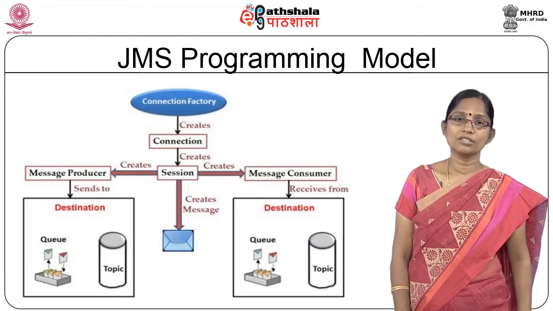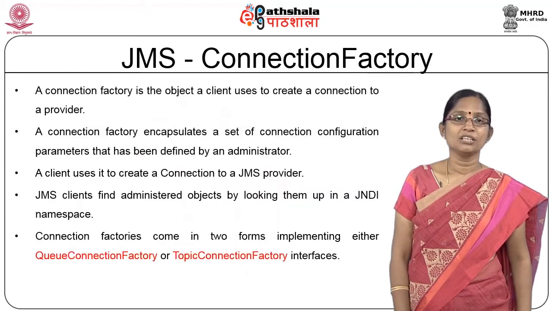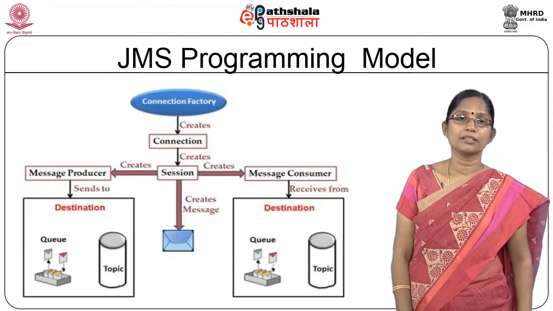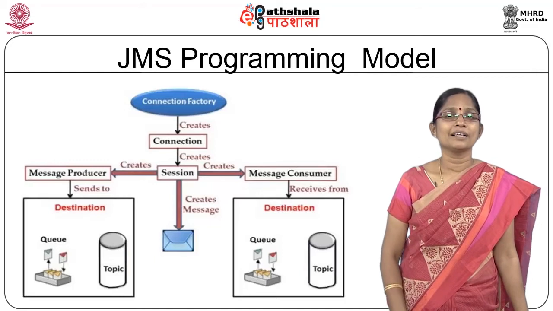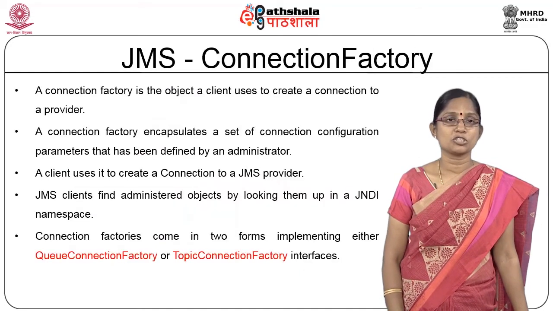Now let us look at this model one by one. Now let us start with the connection factory. A connection factory is an object that a client uses to create a connection to a provider. You can see that the client here may be either a producer or a consumer. In order to get a connection with the provider, the connection factory creates a connection.